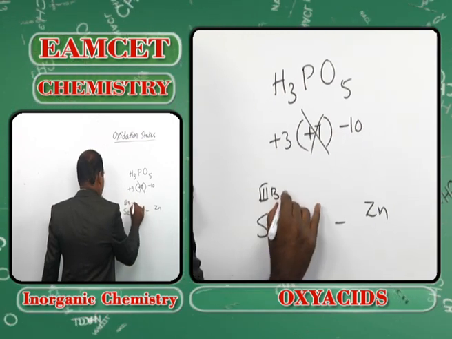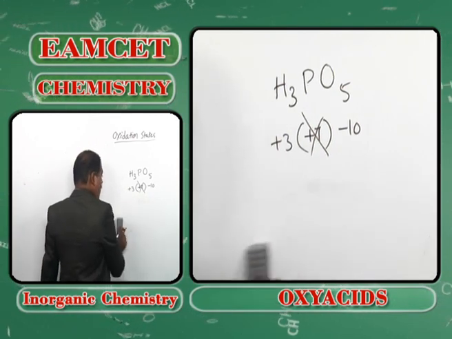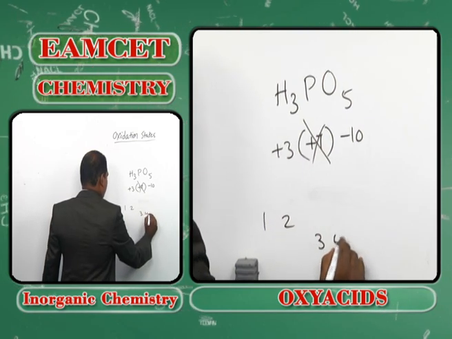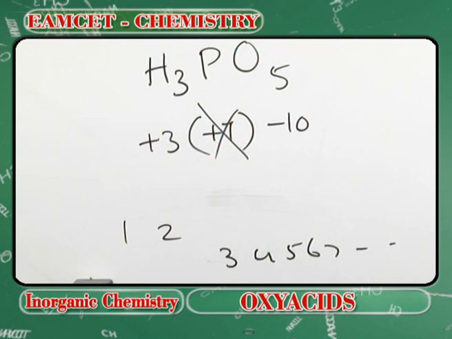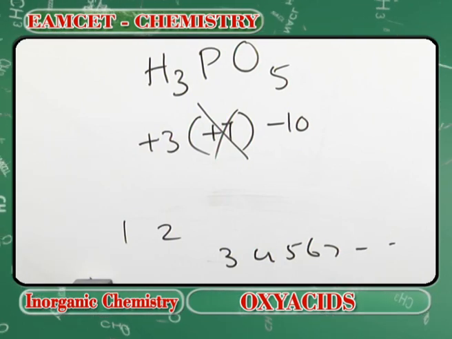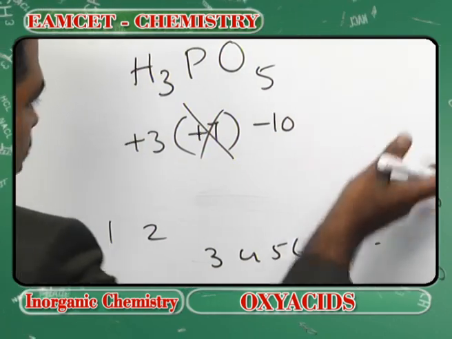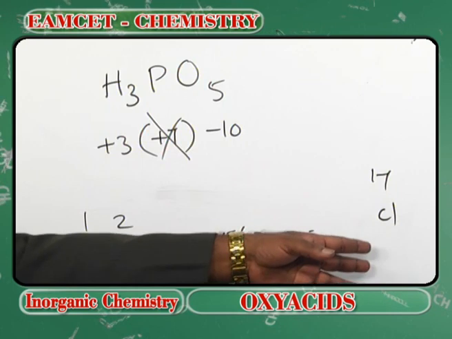3b, 4b, 5b, 6b, 7b. It is the old notation, with Roman numerals. Don't use the present system 1, 2, 3, 4, 5, 6, 7, the numbers suggested by UPSC. They are no good to us, because they say chlorine belongs to the 17th group. What fun is there? Chlorine belongs to the 17th group means, will it have a maximum oxidation state of plus 17?